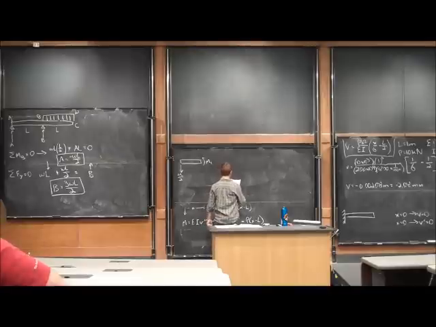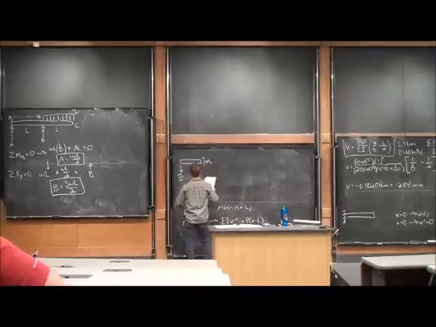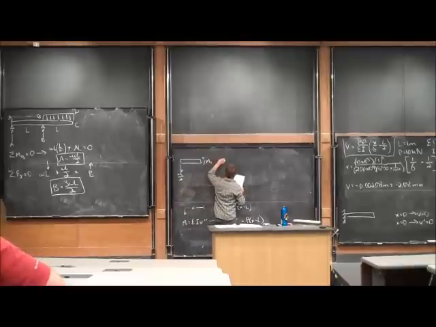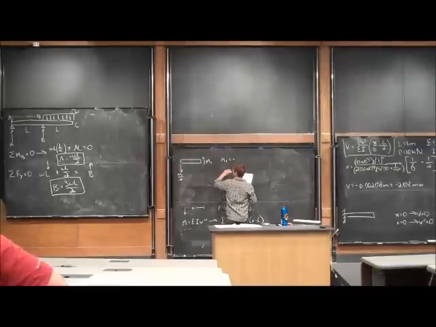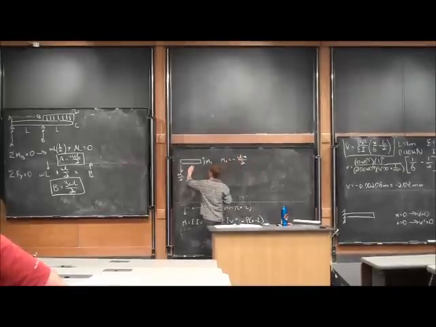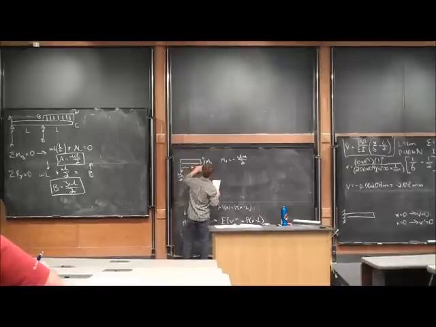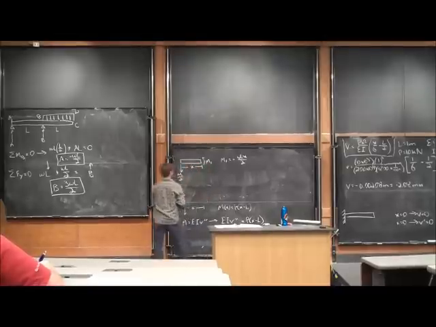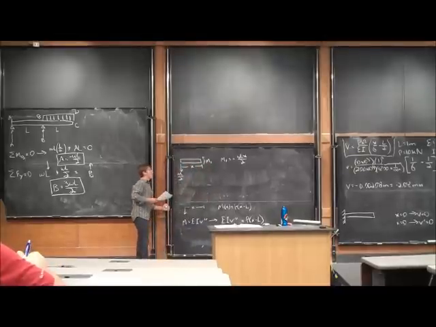If I sum my moments around the cut, I can find that M1 is going to be equal to negative WLX over 2, because this is my distance x. So there's my first moment equation.